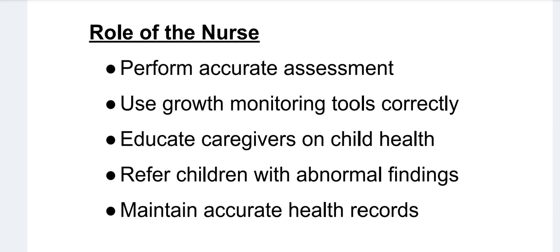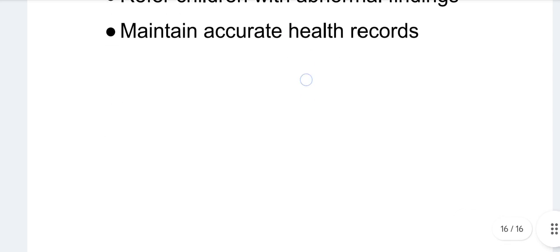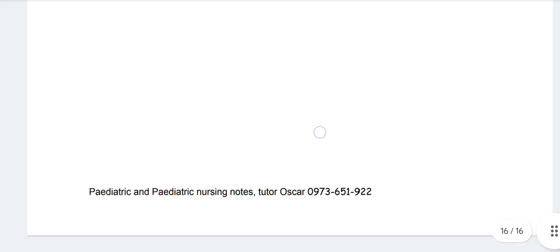Whenever you see that the child has some abnormalities, you refer them to the next profession or to anyone who is above you. And then maintain accurate health records. Everything should be done in an accurate manner.